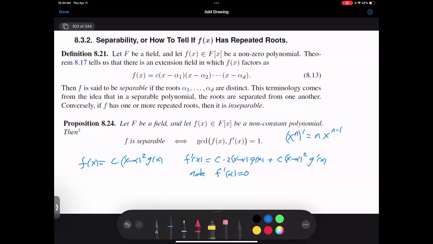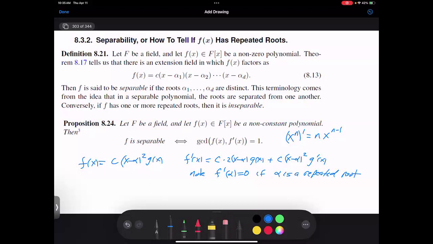Alpha equals 0 if alpha is a repeated root. So if we have a repeated root, when we go through and do this calculation, we'll see that there'll be some polynomial x minus alpha that divides both f and f prime. And so there's a really nice, simple test to find something like this.